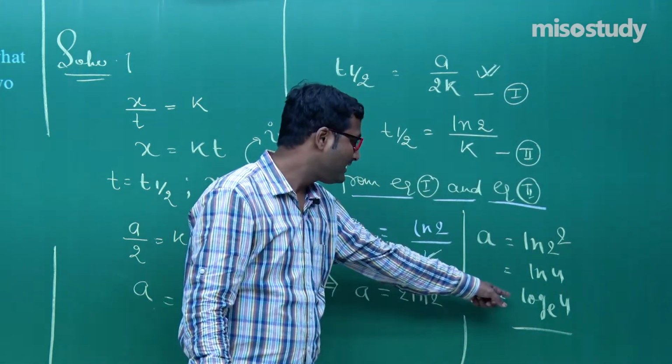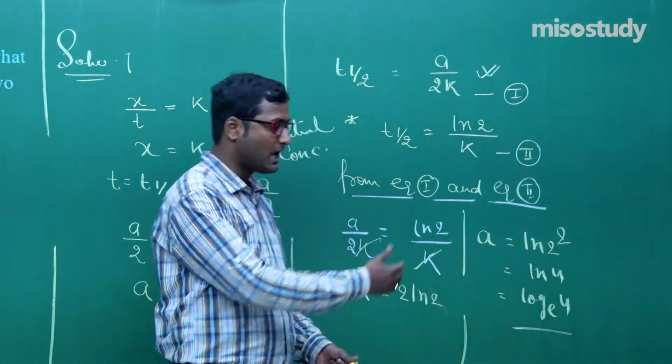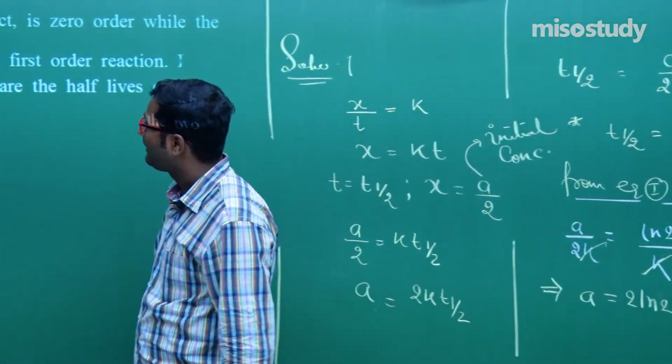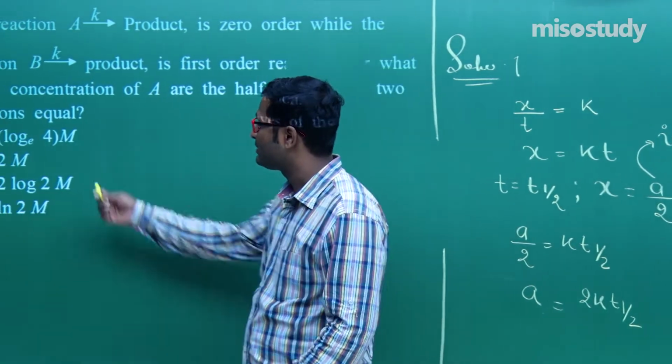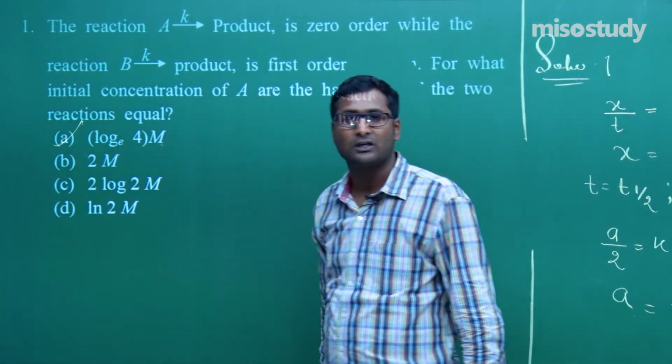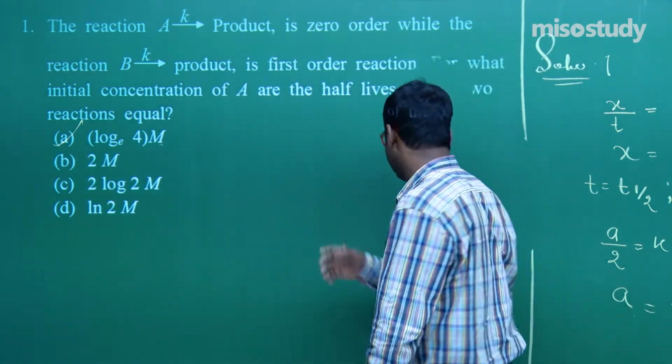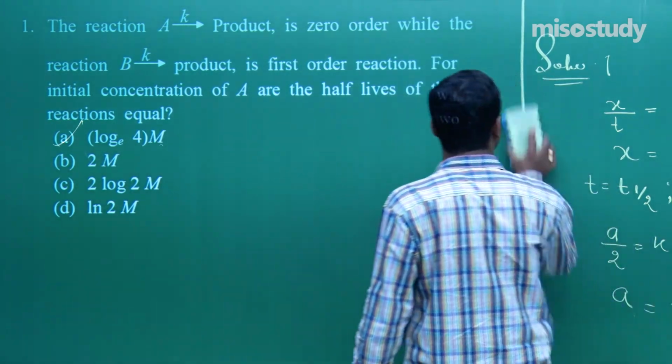Am I right? The final answer is log e 4. Now look at the options here. What is the correct option? This is A. For question number 1, A is the correct option. Clear? Now I am going to rub this part and we will discuss a few questions.